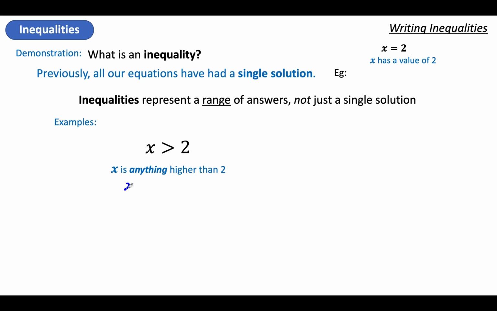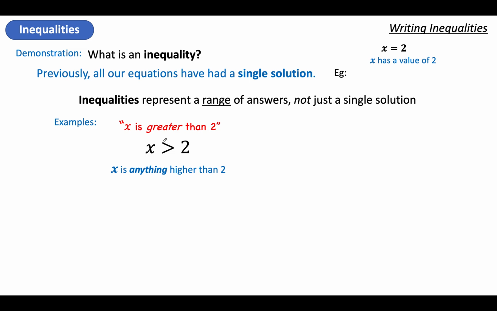That could be 2.1, it could be 7, it could be 9, it could be 100,001, it could be 2.000001. It's literally just anything that is bigger than 2. And we'd usually read this as x is greater than 2.